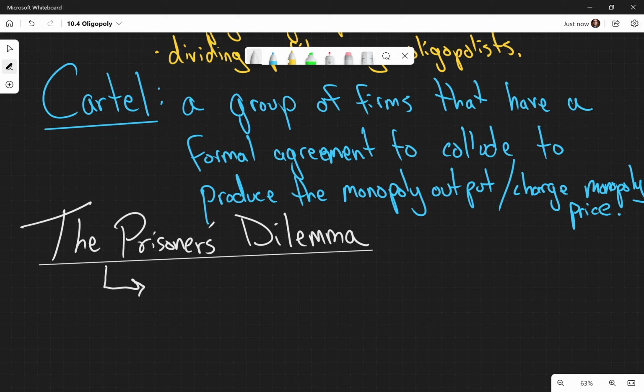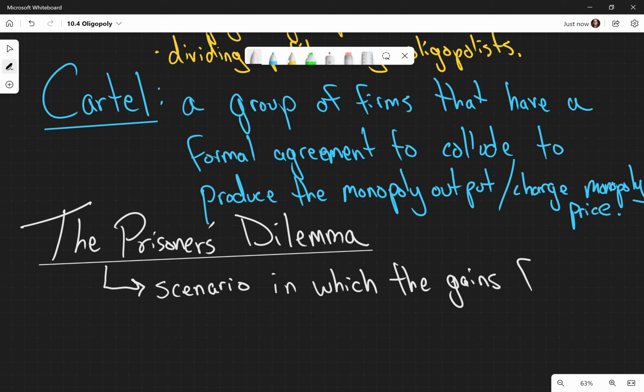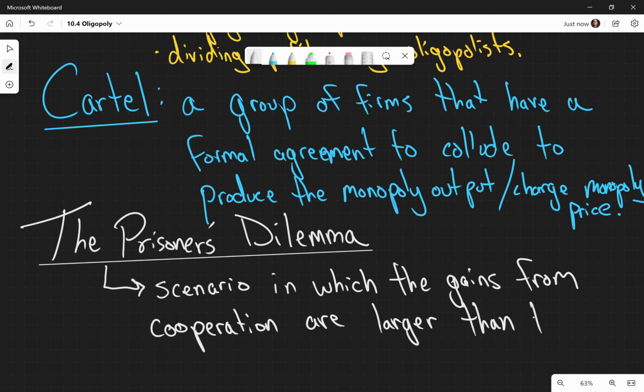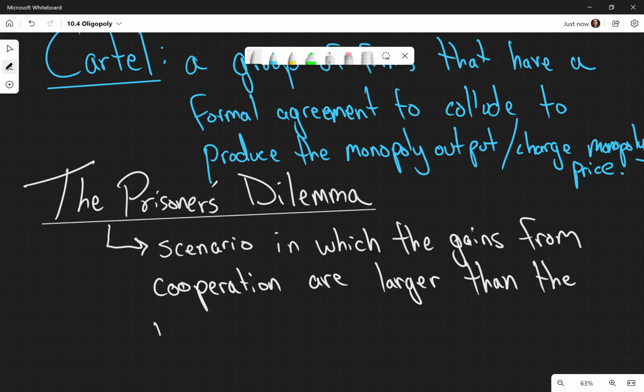The prisoner's dilemma is a famous scenario in which the gains from cooperation are larger than the rewards for pursuing self-interest.